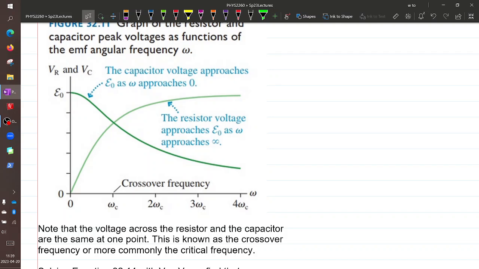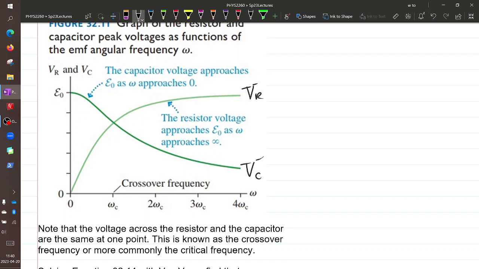Okay? And if you plot this, this is what it'll look like. This should be the resistor, and this one should be the capacitor. So just as you guys figured out, as the frequency goes to 0, the peak value of the voltage across the resistor goes to 0.